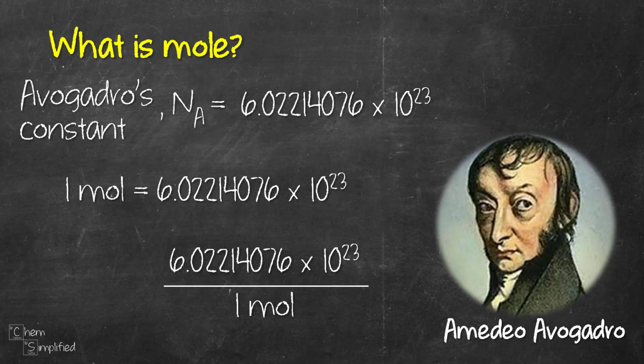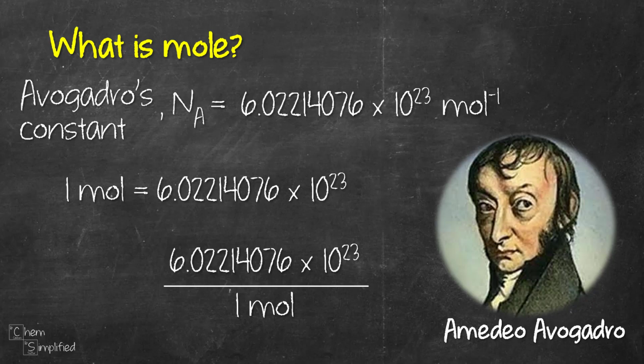That's why Avogadro's constant is presented as 6.022140076 times 10 to the power of 23, with the inverse of mole as the unit. Since it's called a constant, this number is fixed. Just like a dozen always means 12 and a pair always means 2, a mole always means 6.022140076 times 10 to the power of 23.